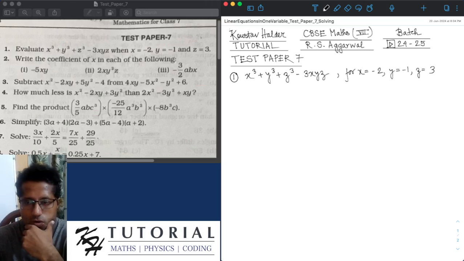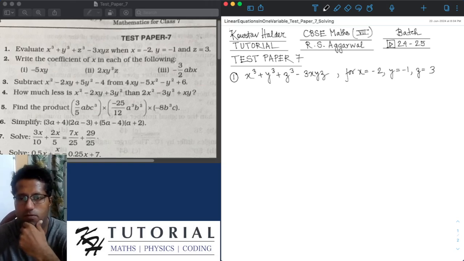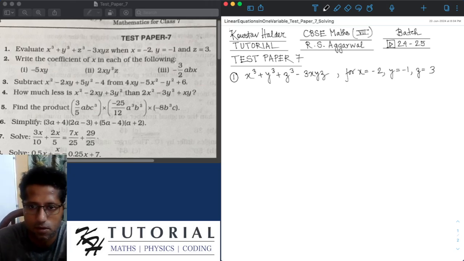Okay, so for evaluating an algebraic expression for given values of the variables, we just substitute the given values of the variables in the algebraic expression.